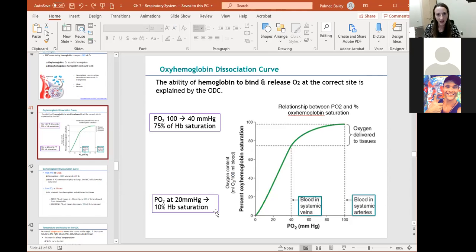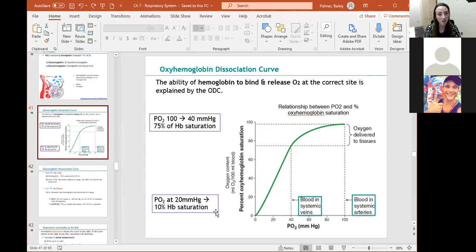The X axis refers to the partial pressure of oxygen in a certain location, such as in the systemic arteries versus the systemic veins. Veins return blood to the heart, which is lower in oxygen, so lower partial pressure.